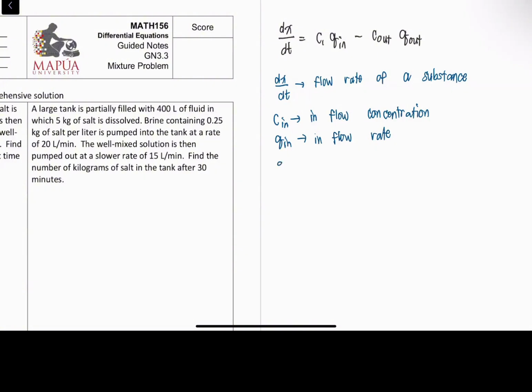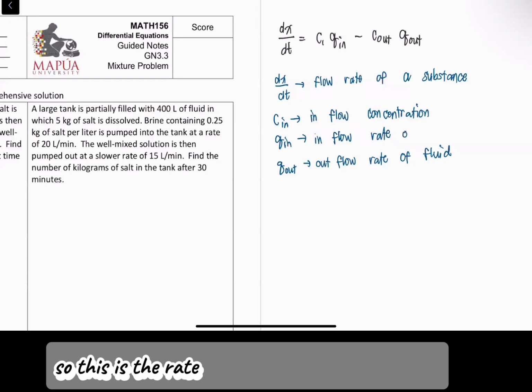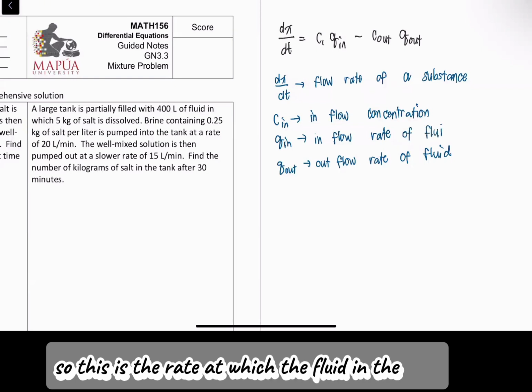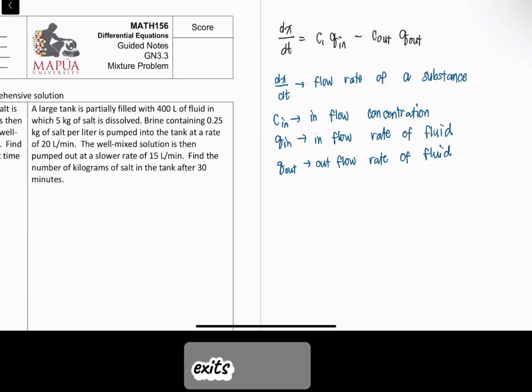Q out is the outflow rate of fluid. So this is the rate at which the fluid in the tank exits the tank.